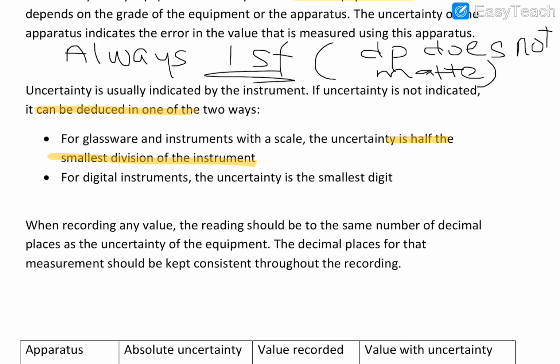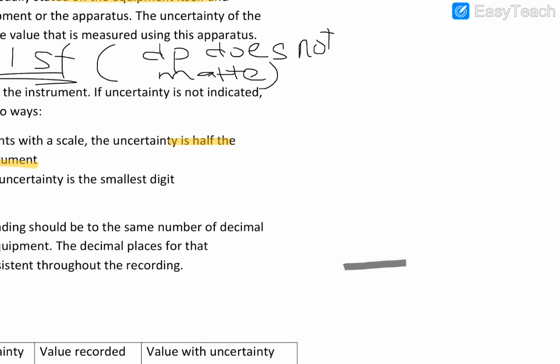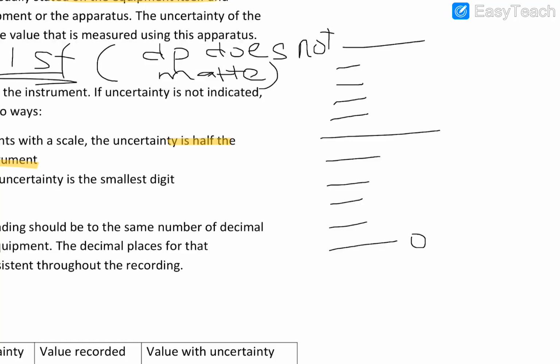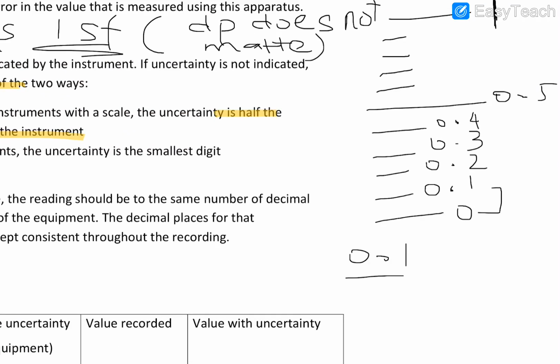For example, if you have a scale of 0, 1, and the smallest division that we can read is 0.1, then 0.2, 0.3, 0.4, etc. The smallest division is 0.1, which means that the uncertainty is half of the smallest division. So that would be 0.05.